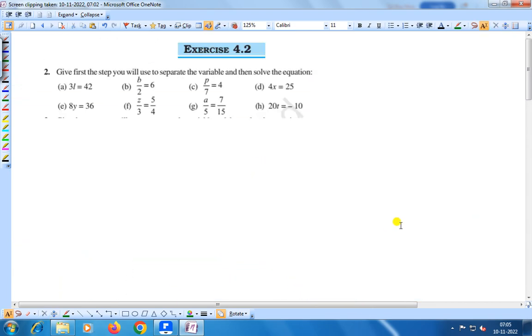Now question number C is P by 7 is equal to 4.